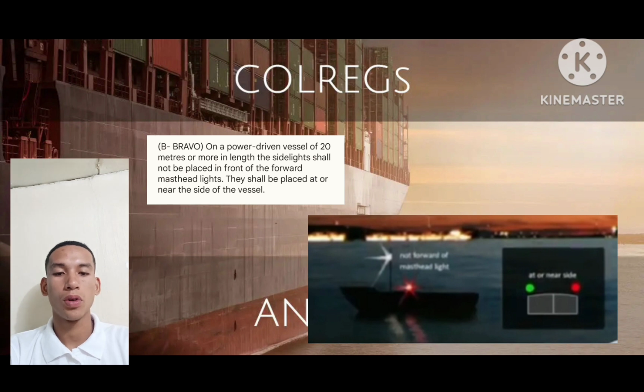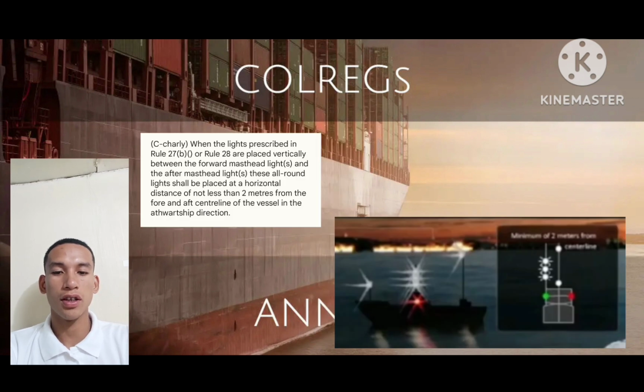B is for Bravo. On a power-driven vessel of 20 meters or more in length, the side lights shall not be placed in front of the forward masthead lights. They shall be placed at or near the side of the vessel. C is for Charlie.